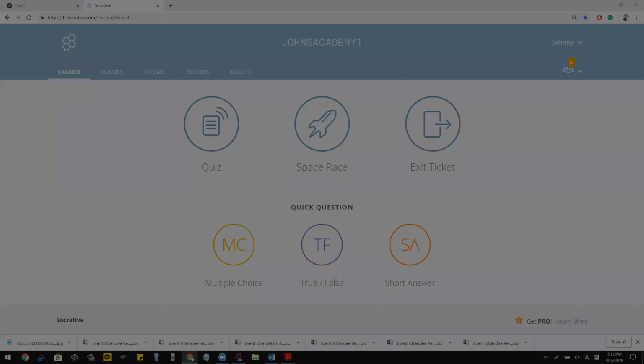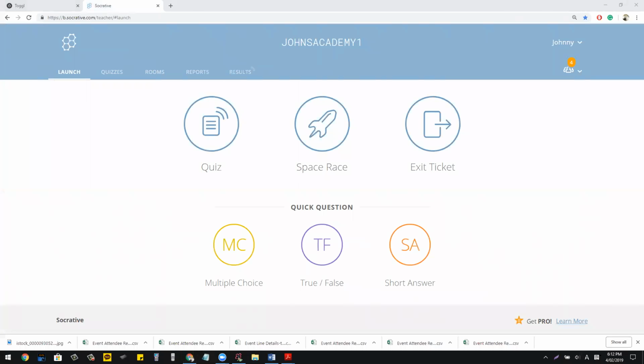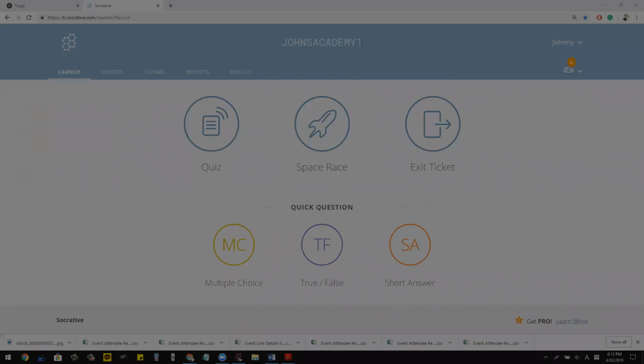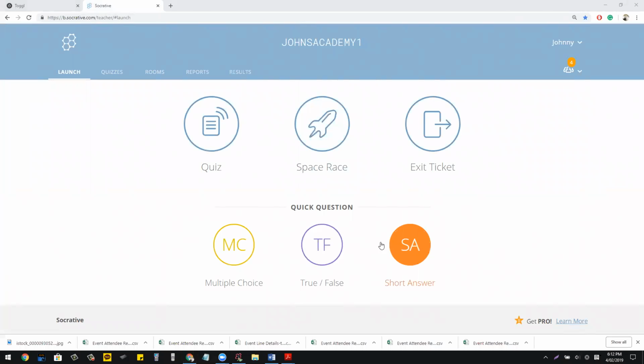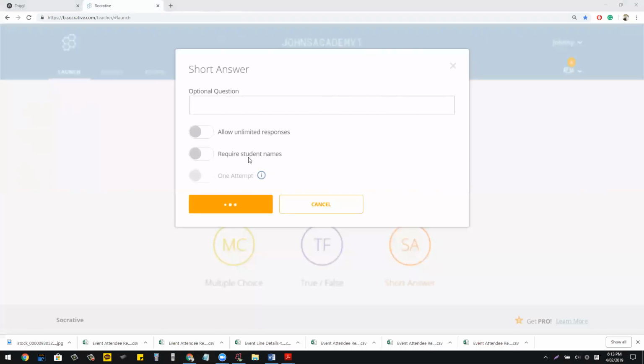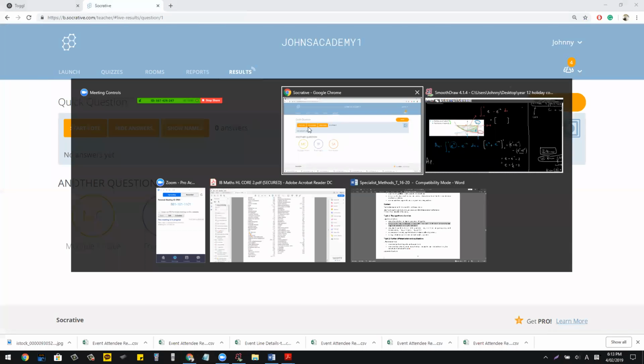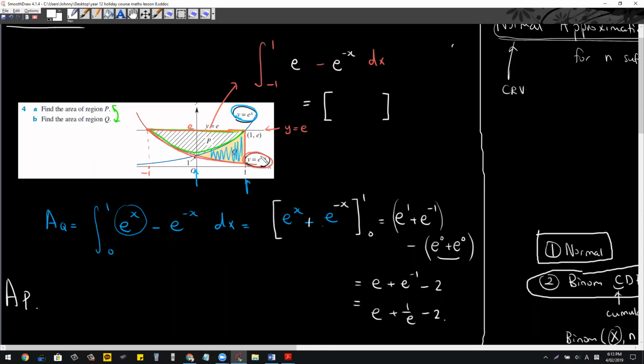We've got 7 people. Okay, so short answer. If you can't log in, you can just type your answer on the group chat. I want you to figure out what goes inside there, please. And this one is negative 1 and 1.